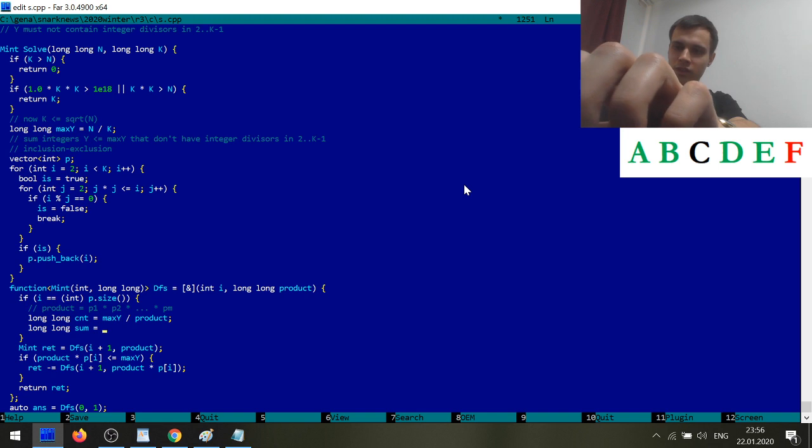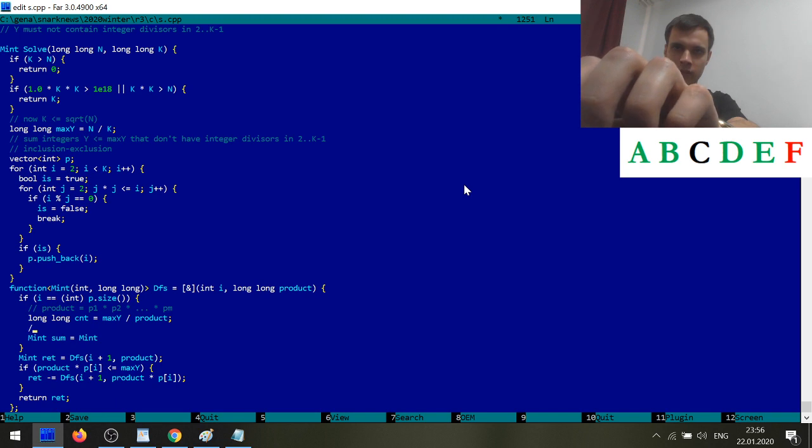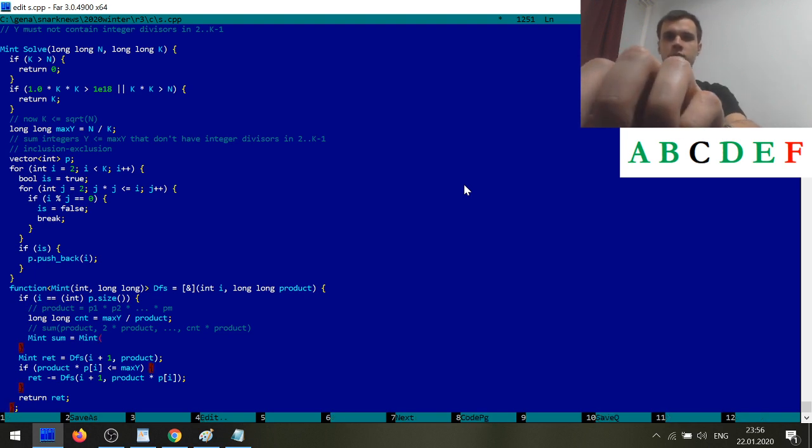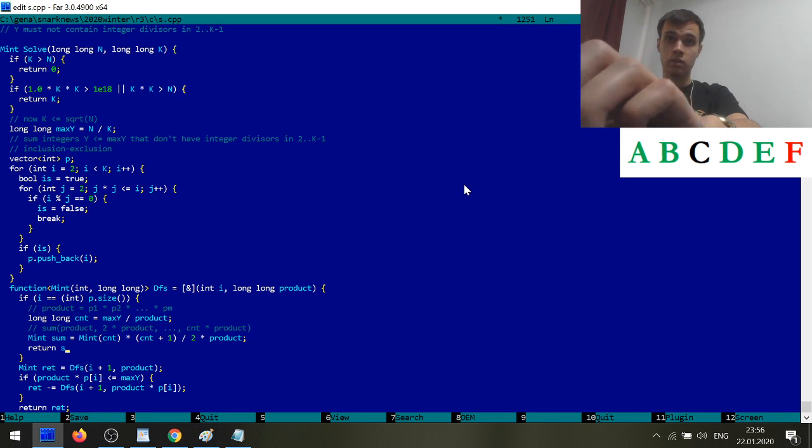The sum of all integers from 1 to cnt, times product. So the sum will be equal to cnt times cnt plus 1 divided by 2 times product, I guess. And then that will be my answer.